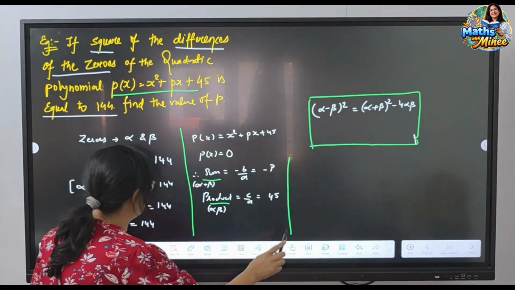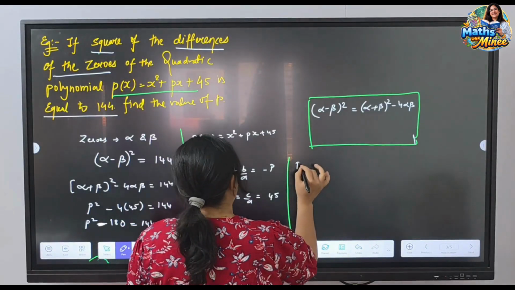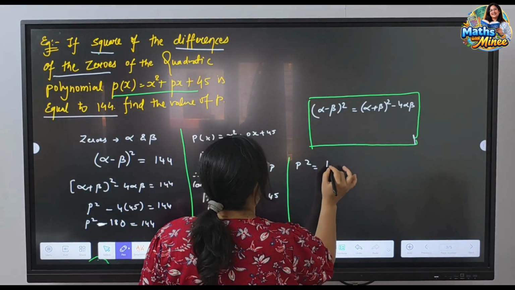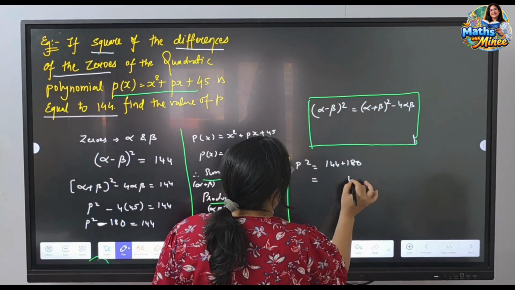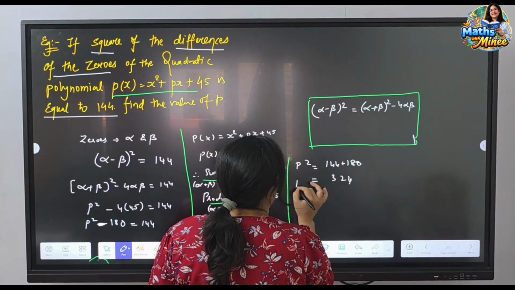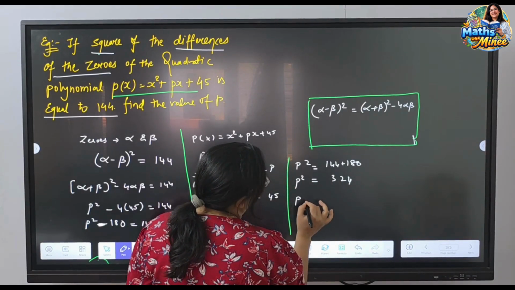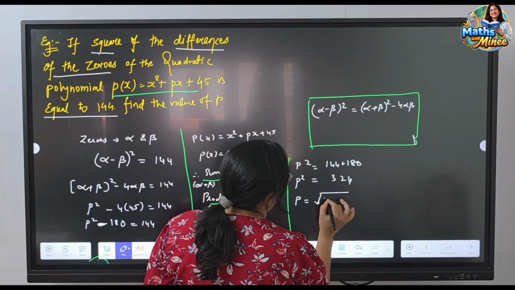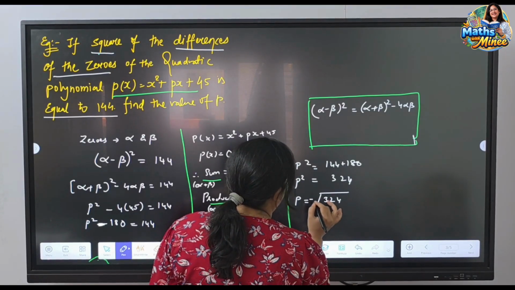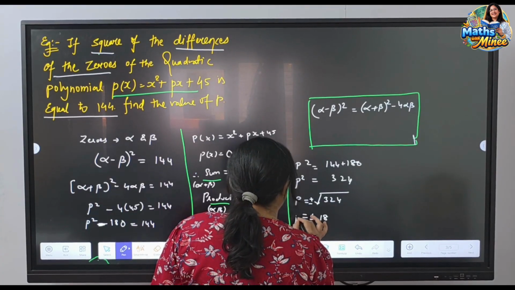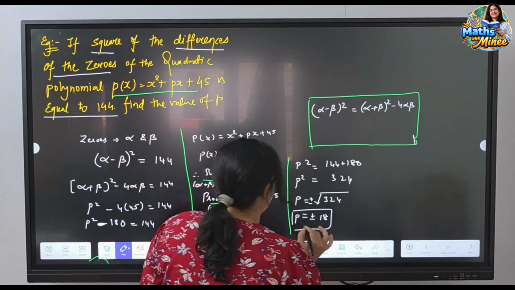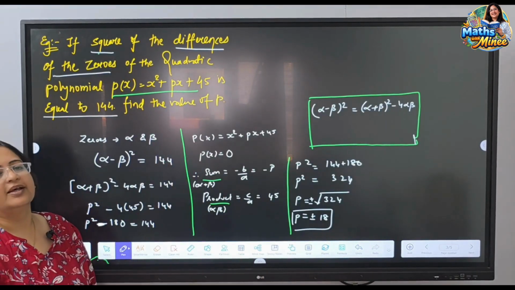So can we just write here that p square is equal to 144 plus 180, that is equal to 324. And you know that 324 is the square of 18. So we can write plus or minus 18. So this is the value of p. Is this clear?